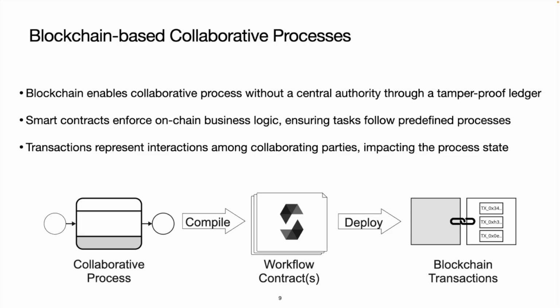So we compile the process into smart contracts, and then we deploy it on the blockchain. Now participants can interact with each other in this process through the blockchain by sending transactions. Each message is basically a transaction on the blockchain. Everybody can see this transaction, and it's immutable. You can't reverse it. Once it's there, it's always there.